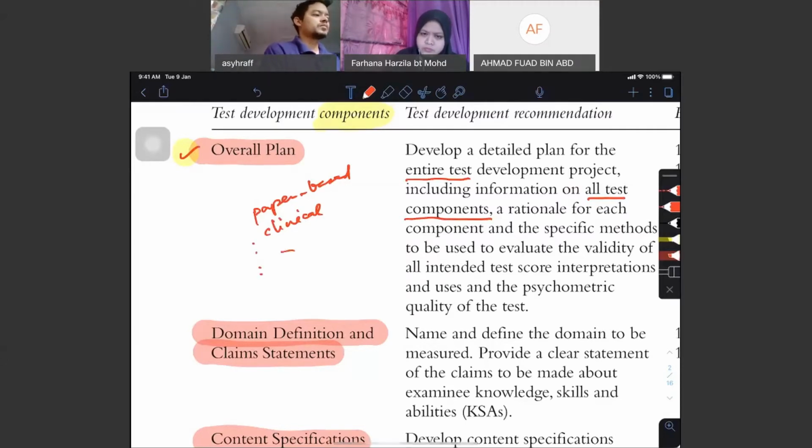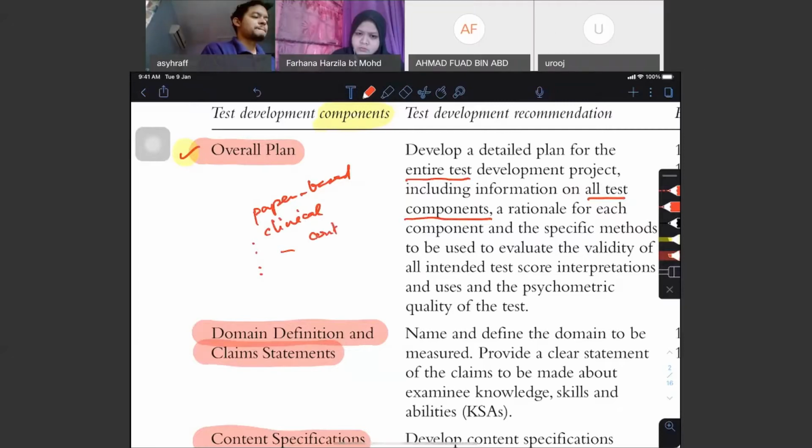You revise the contribution, the weightage, etc. During this step, often these things are discussed either in the curriculum committee or the academic committee, or if you have an assessment unit or committee of your own.